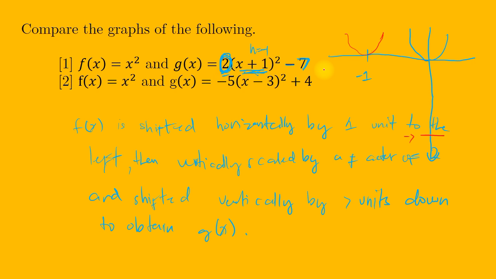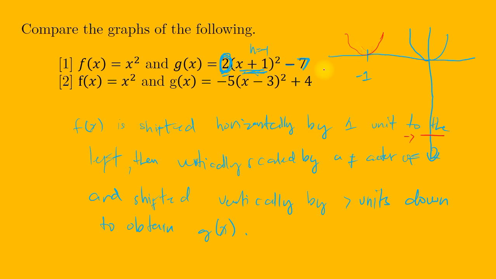After it is being scaled by a factor of 2, it is now being vertically shifted, moved 7 units down. So this graph is already scaled vertically by a factor of 2 from this one. The idea there.